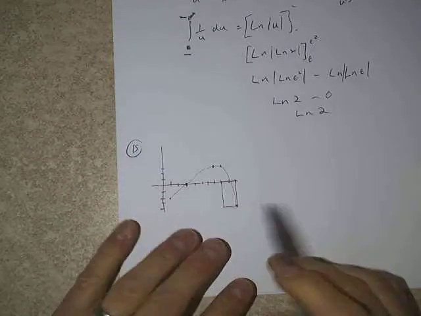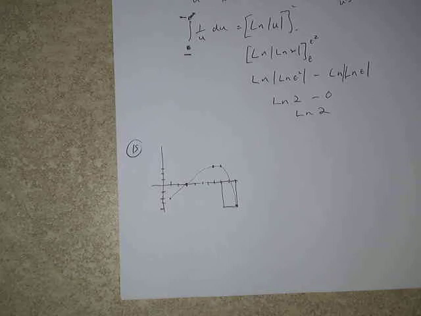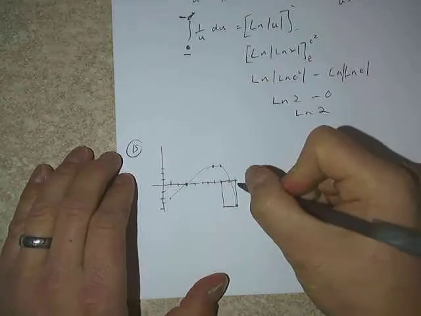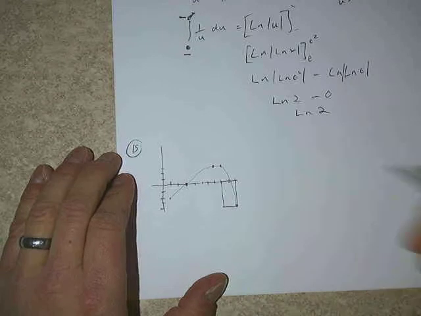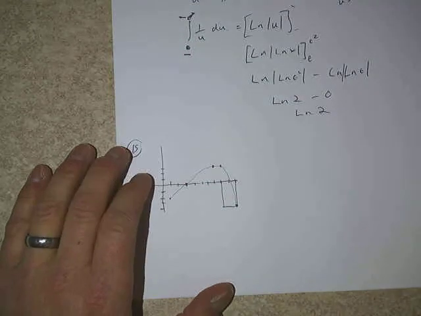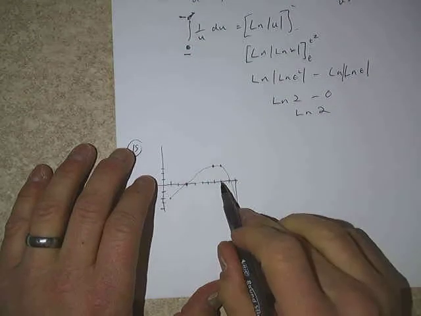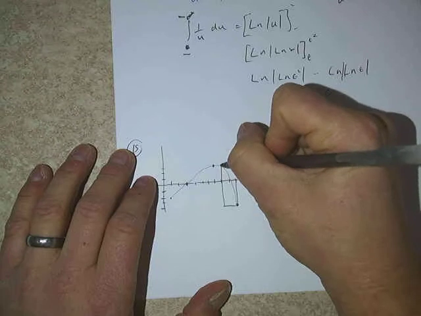All we're doing is drawing a rectangle that has one of its dimensions on the x-axis. The other goes to the height of the point in question at the right endpoint. Then we'll do the same thing from this point over to its interval, which would be something like that.